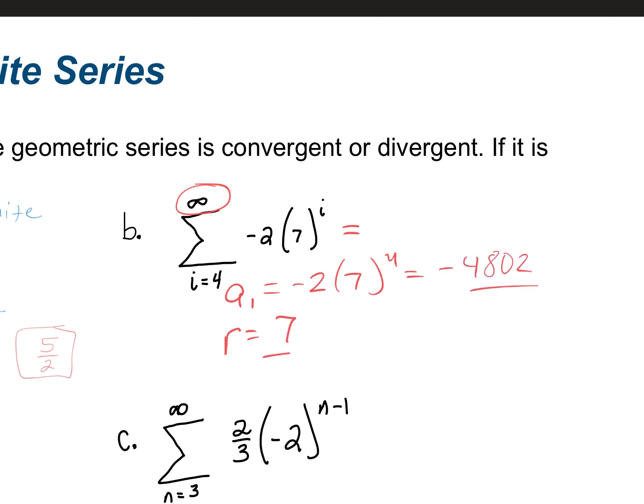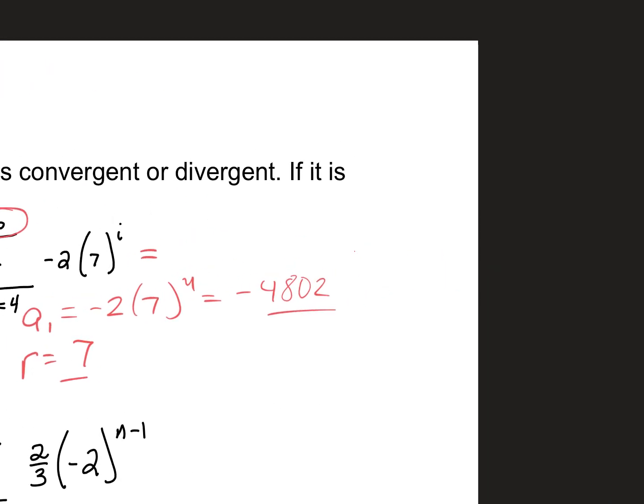Okay, we need that. So my formula says take the first term, negative 4802, and divide it by what? 4802? All right, sorry. Thank you. 4802. All right. I wrote an 8. Woo, this one's hard.